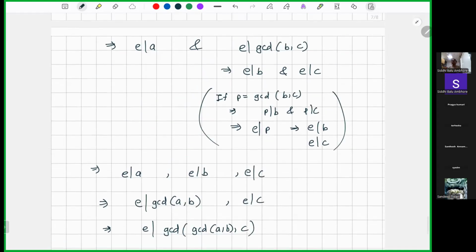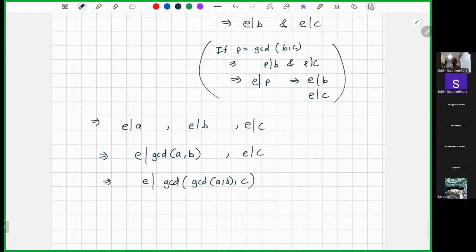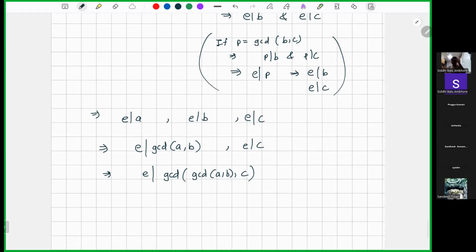The properties of GCD. GCD is the greatest. So if a number divides two numbers B and C, it will also divide the GCD of those two numbers, because the GCD is the greatest, and E is just a number which is dividing that thing.